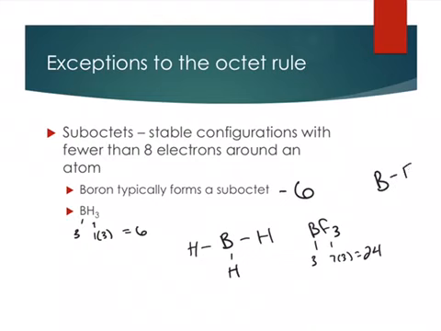Boron's in the middle, and then you're done because boron only wants 6 electrons around it.